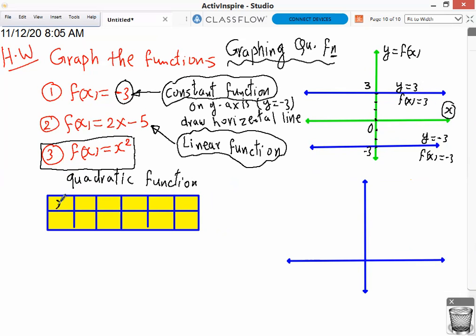Here is x. Here is f of x. There is y, or we can name it f of x.